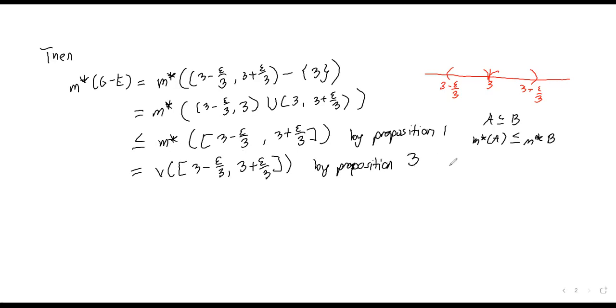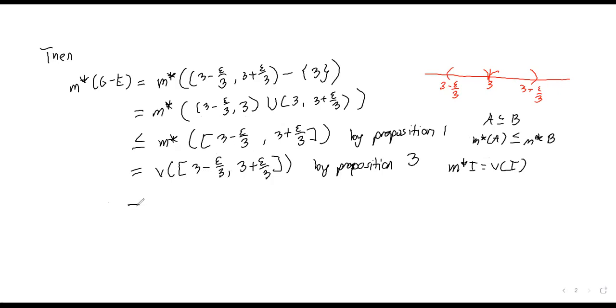Kung matatandaan nyo sa proposition 3, ang sabi, yung outer measure of the closed interval I. So outer measure of the closed interval I is equal to the volume of I. Okay? So meaning, kukunin natin yung outer measure ng closed interval na to, that is just equal to the volume of this closed interval.